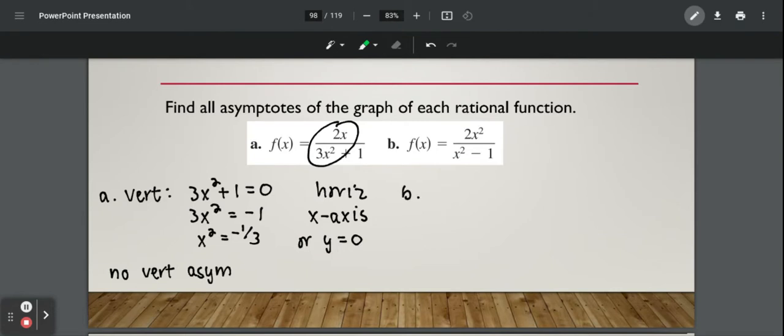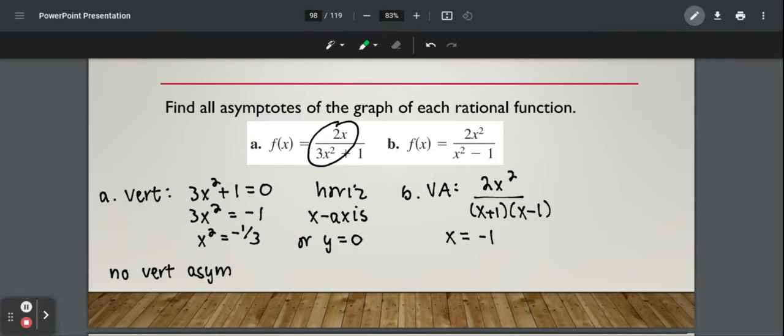So for part B, if we go to the vertical asymptote, again, let's factor it. So we have 2x squared, and it would factor into x plus 1, x minus 1. We don't have any of the same factors in the numerator and denominator, which means that our vertical asymptotes will just be whatever would make the denominator equal to 0.